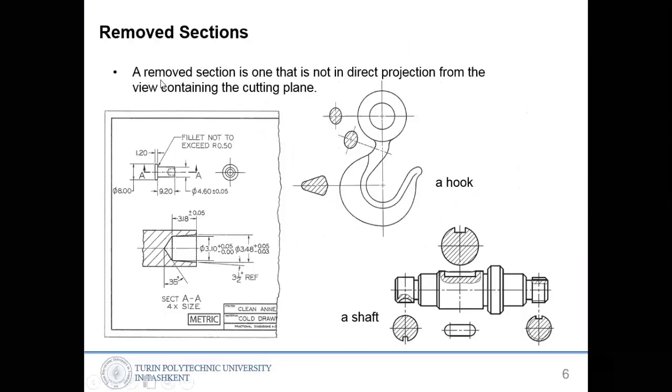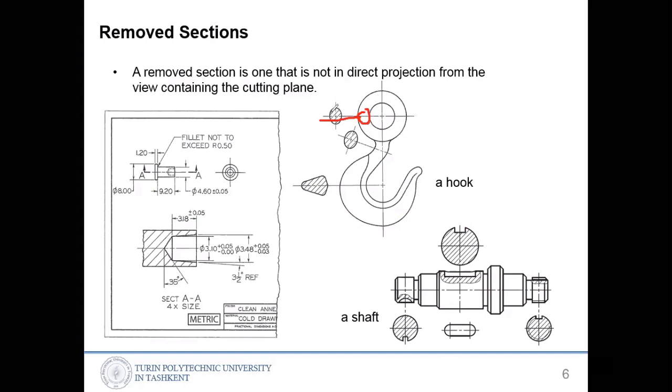A removed section is one that is not in direct projection from the view containing the cutting plane. So we are not showing it here at the cutting plane. In the place of the cutting plane, we are moving it somewhere else.